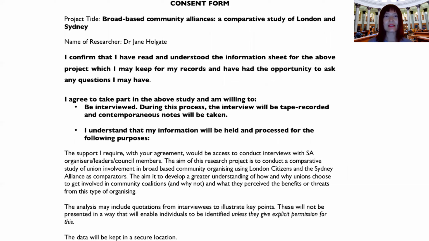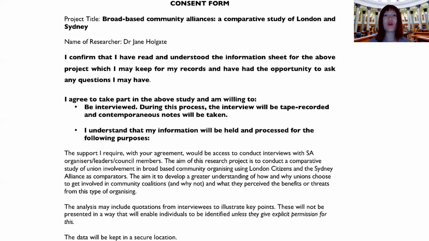And in this example of the consent form, there is some information which is quite similar to the information sheet, which includes the research title and the name of the researcher. Quite importantly, the consent form lists out all the rights that your research participants would have and how you are going to handle the data.